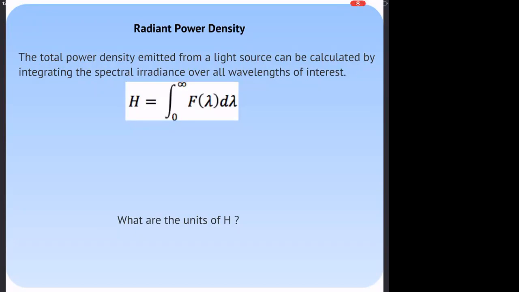Now, I have a quick question here. What are the units of H? I'm not going to do the breakout rooms, but I want you to take 60 seconds and work out yourself what the units of H are. I thought it was just watts per meter square, right? Like the power density that you mentioned. That's right.